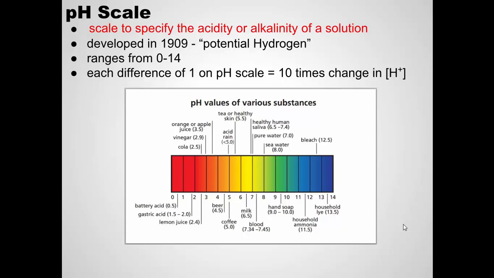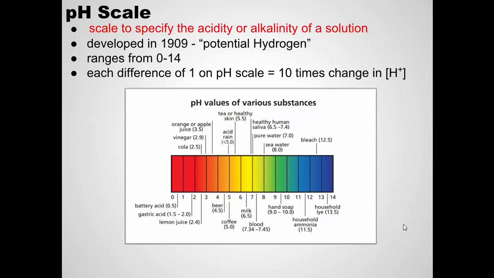So the scale itself goes from 0 to 14. In the middle is 7, obviously. That's a neutral substance. So pure water has a pH of 7. Lower numbers are more acidic. Higher numbers are more basic.